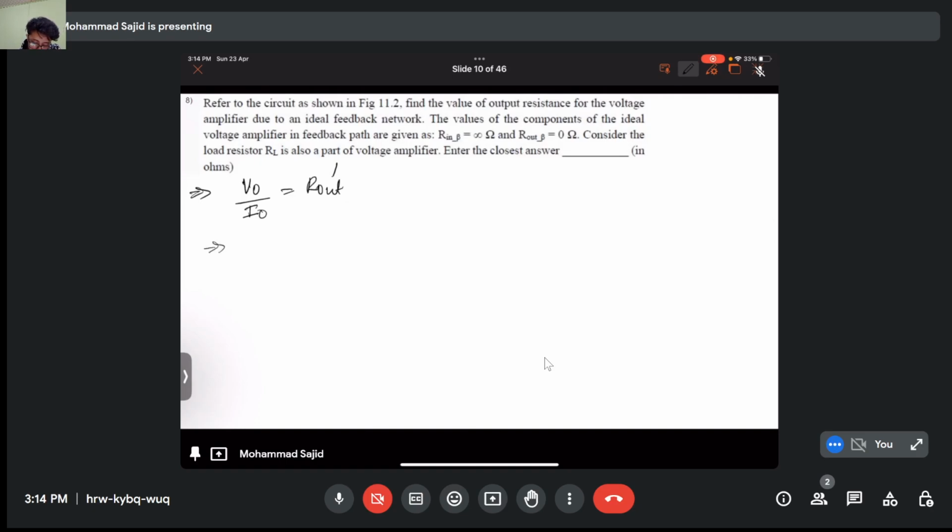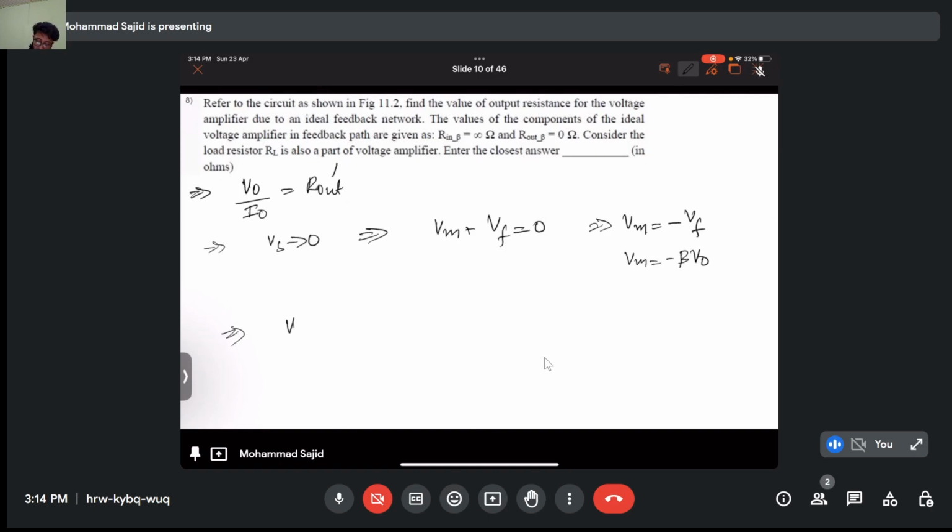At this time, Vx is 0, so this implies Vin plus Vf will be equivalent to 0, right? This implies Vin will be equivalent to minus Vf, and Vin will be equal to minus beta times V out.